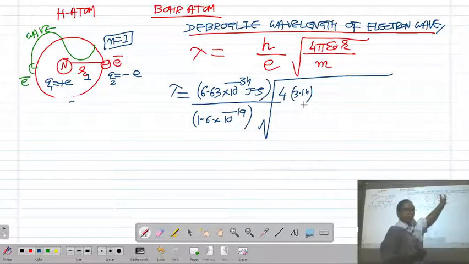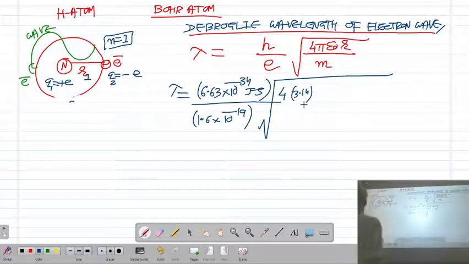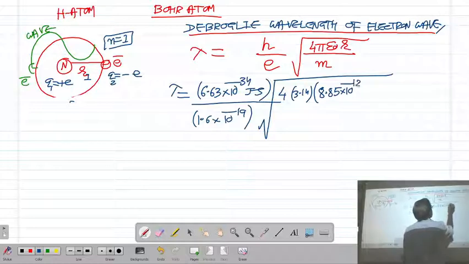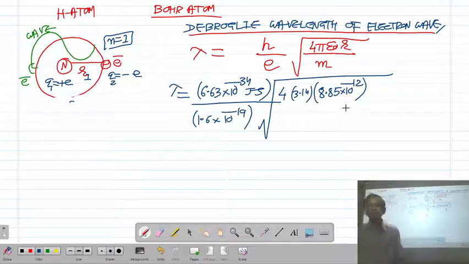What is epsilon 0? Epsilon 0 is the permittivity of the free space. It is 8.85 10 to minus 12.